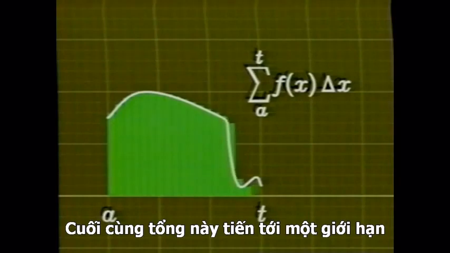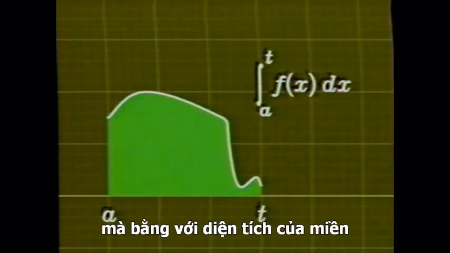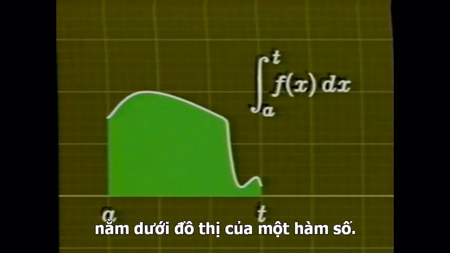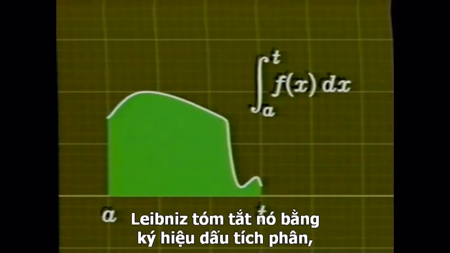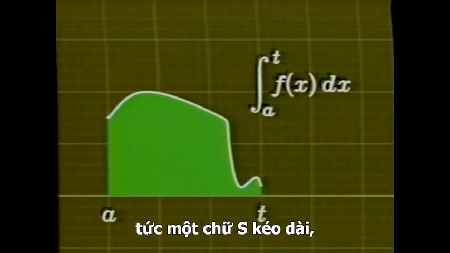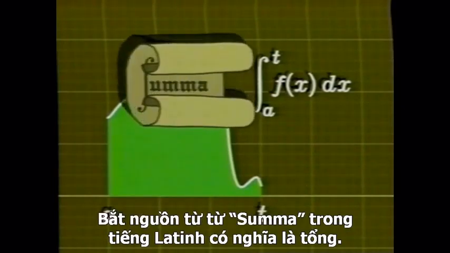Eventually, their sum approaches a limit, which is equal to the area of the region under the graph of a function. This is the process of integration. Leibniz summarized it with the integral sign, an elongated S from the Latin word for sum.